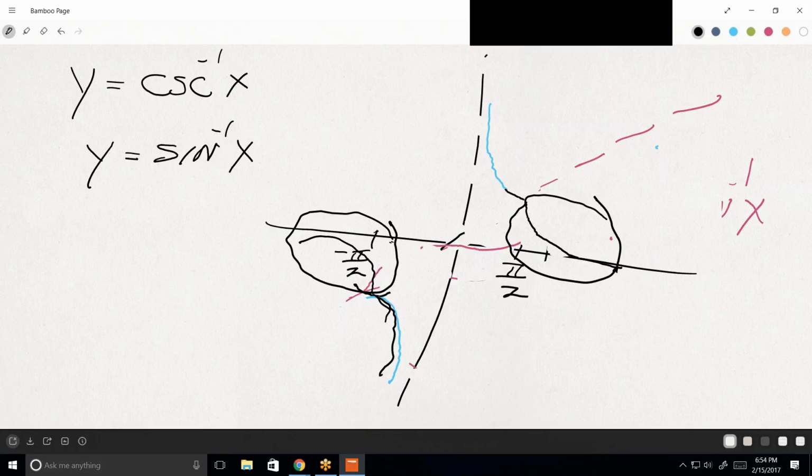And notice what that range is. It's not between minus pi over 2 and pi over 2. It doesn't show up anywhere in there. So the range gets changed.